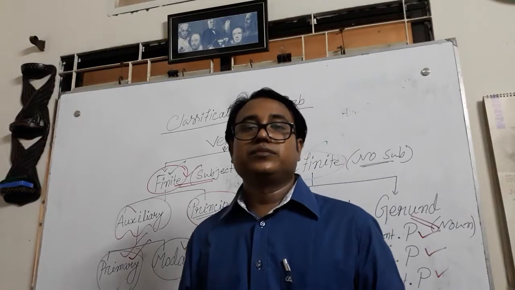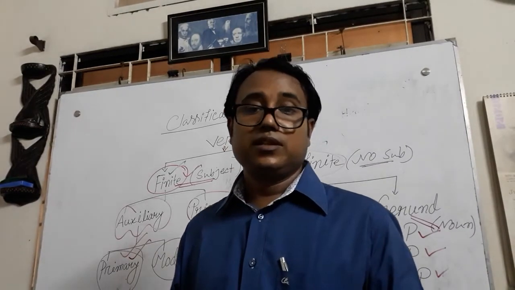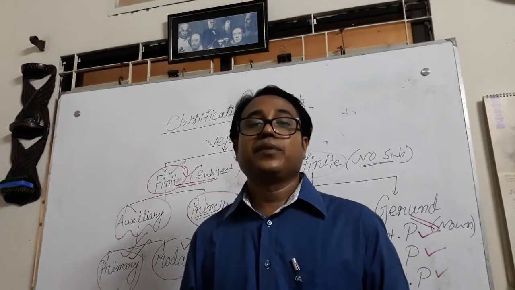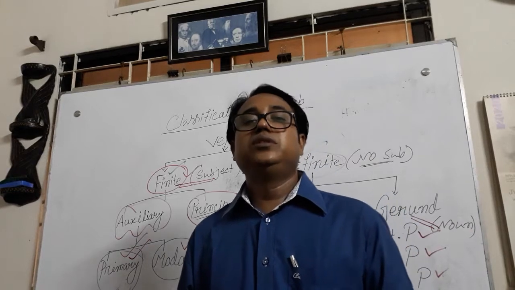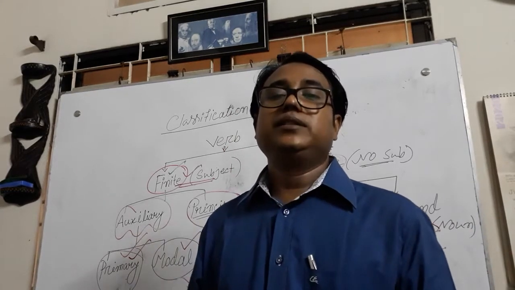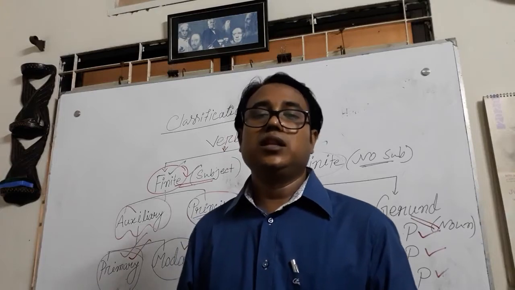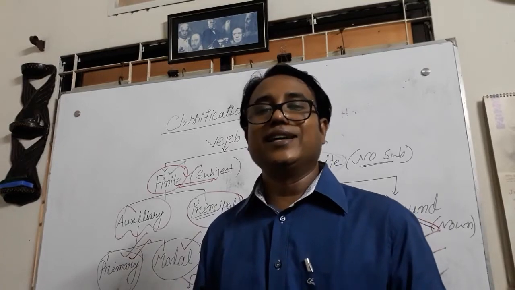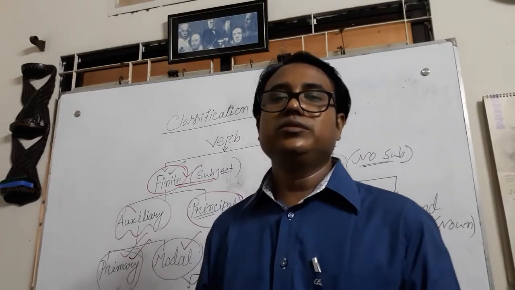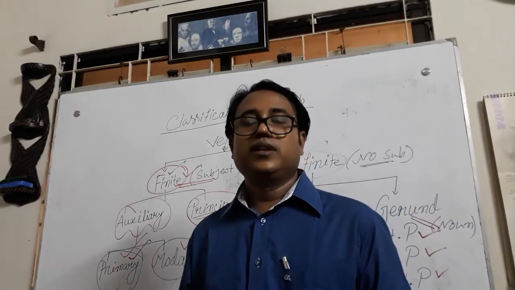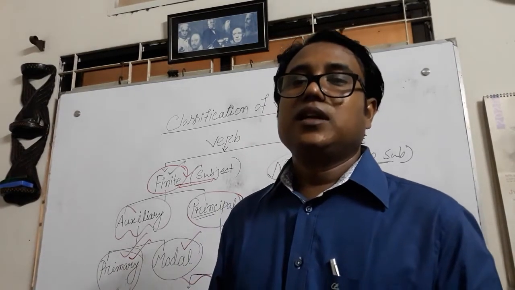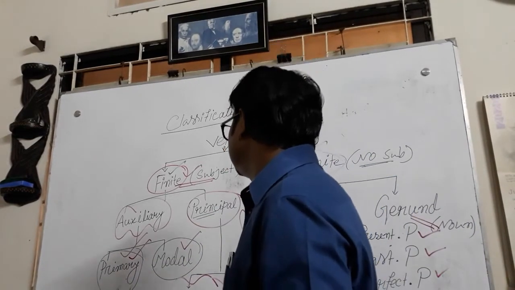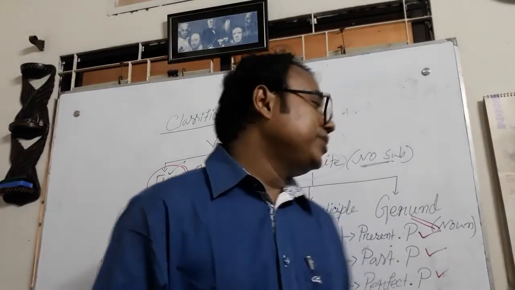And I think in your previous classes you studied about the modal auxiliaries, they are actually can, could, may, might, must, shall, should, will, would, have to, has to, had to, ought to, etc. Dear learners, now we will try to know about the classification of principal verbs.